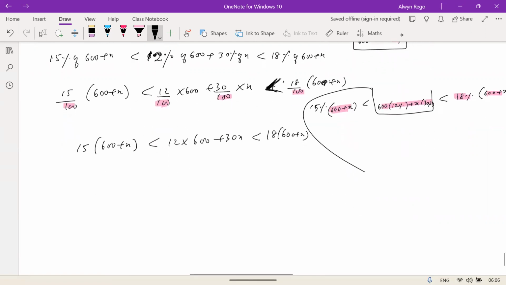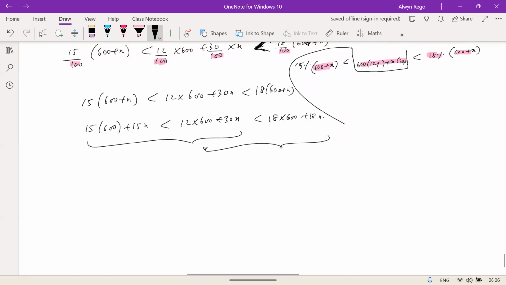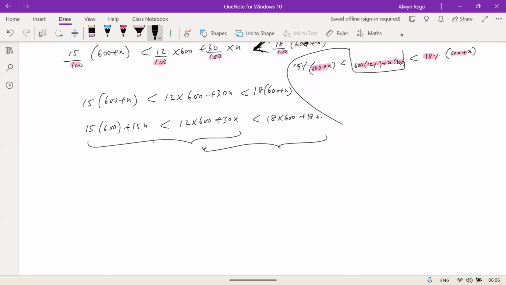Therefore, 15 times 600 plus 15 times X is less than 12 times 600 plus 30 times X, which is less than 18 times 600 plus 18 times X. Now I deal with one inequality at a time, because X is scattered everywhere, so I cannot consider this as a single inequality.